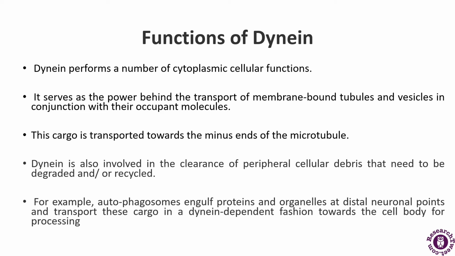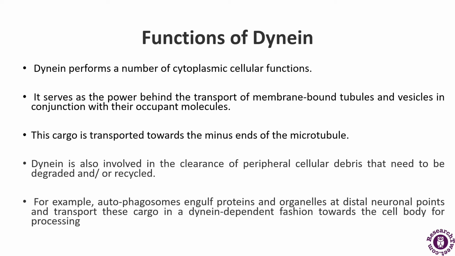Dynein is also involved in the clearance of cellular debris that needs to be degraded or recycled. For example, autophagosomes engulf proteins and organelles at distal neuronal points, and they transport this cargo in a dynein dependent fashion towards the cell body for processing.